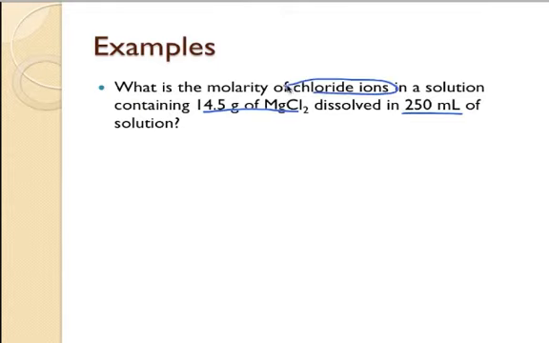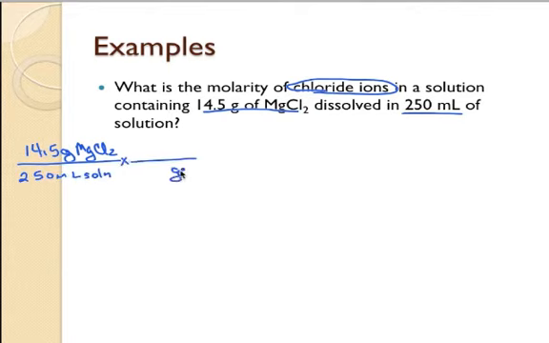What am I looking for? I'm looking for the molarity of chloride ions. All right, so we're going to start off similar to how we did before. 14.5 grams of magnesium chloride, because I know I can get from grams to moles, over 250 milliliters of solution.